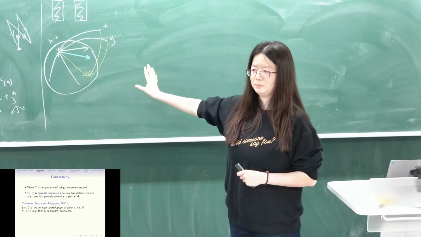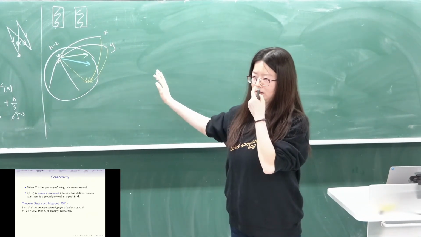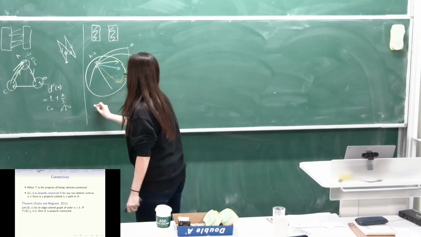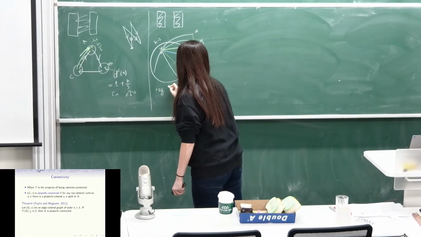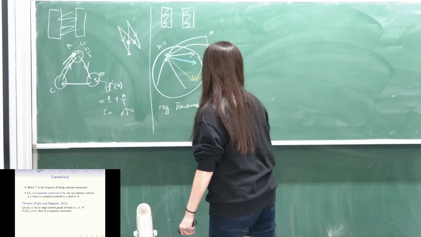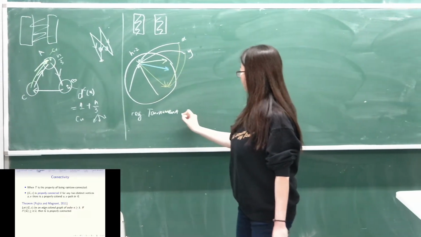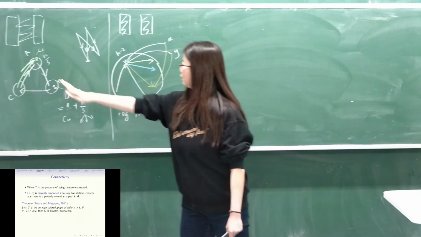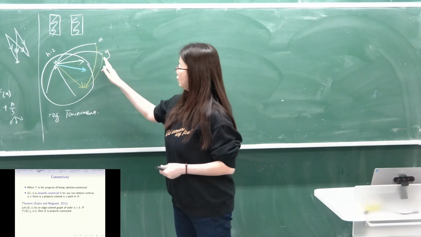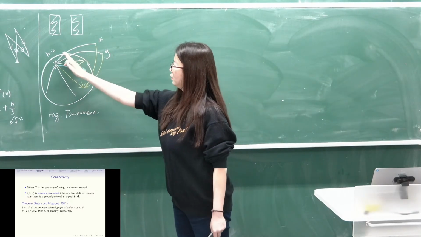Any questions about the structure? So this part is a regular tournament on n-2 vertices, and we still use the similar coloring method. Those are just two vertices pointing to this.